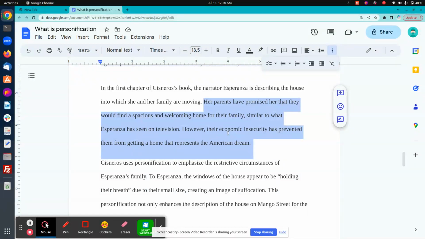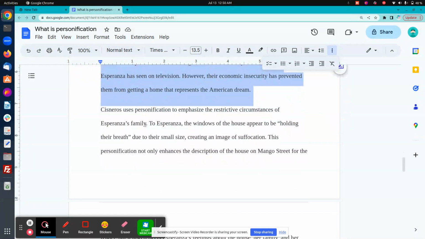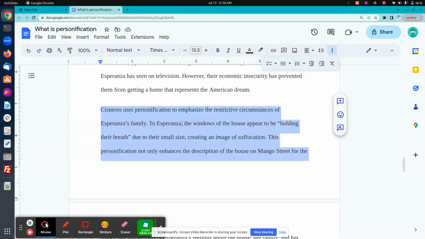However, the economic insecurity has prevented them from getting a home that represents the American dream. Now, what they're doing, the author uses personification to emphasize the restrictive circumstances of Esperanza's family.